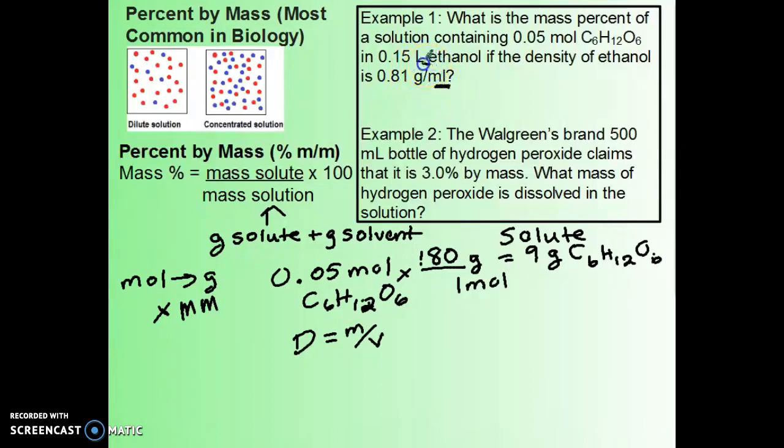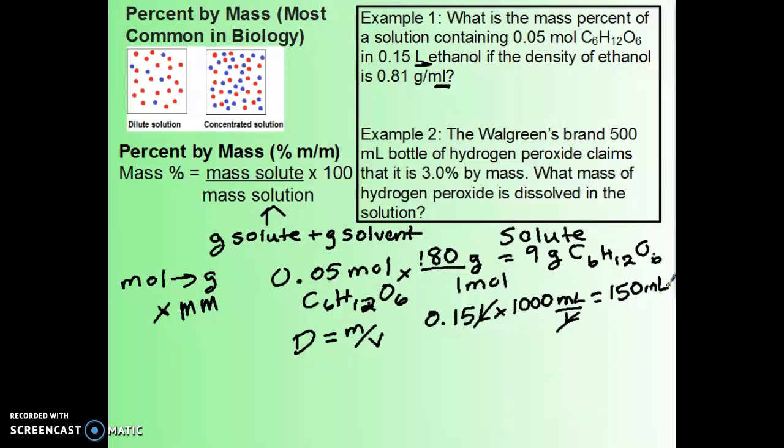So let's go ahead and convert our liters to milliliters. If before we divided by 1,000 to get away from milliliters, now we're going to multiply by 1,000 to get towards milliliters. So I'm going to do 0.15 liters times 1,000 mil per liter, and that will change it back to milliliters. So I'll get 150 mil.